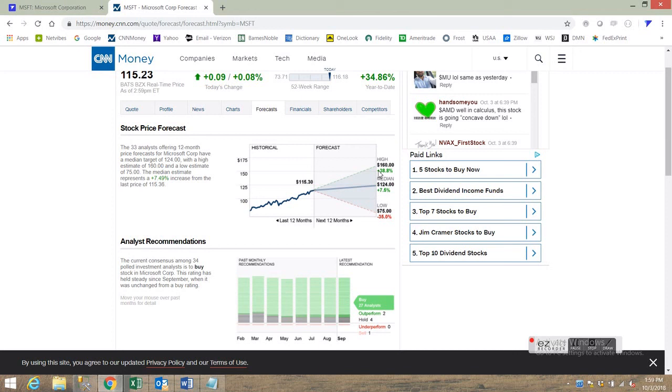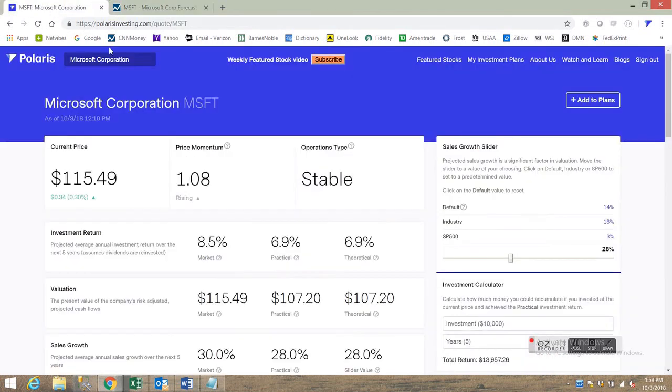This disparity of the analysts from 76 to 160 just shows the kind of exercise that we're up against in terms of this kind of evaluation, where so much of the value is being built into the hopes and the dreams of what Microsoft could do in the future, which again is very unusual for a company that's getting to be almost 40 years old.